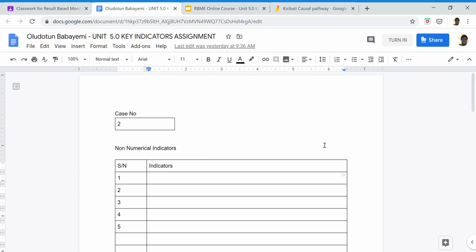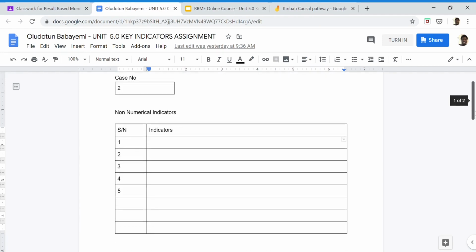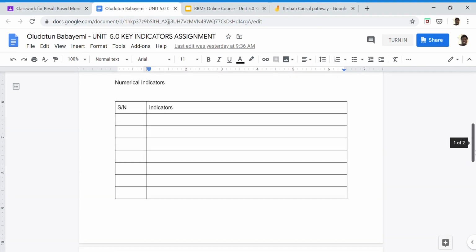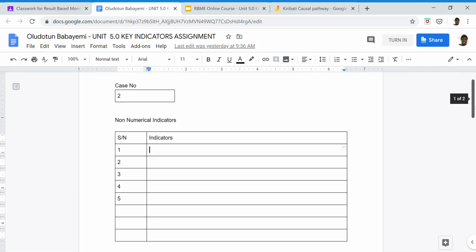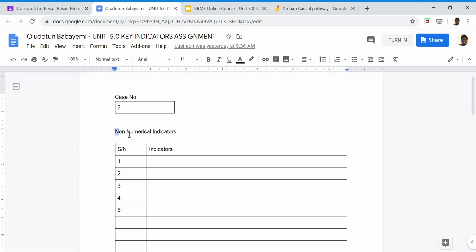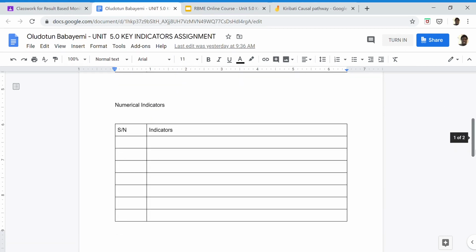So here you can list out indicators. You're supposed to list those you think are non-numerical, and those you think are numerical.